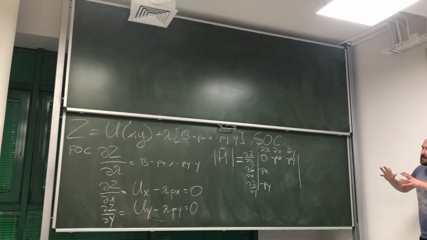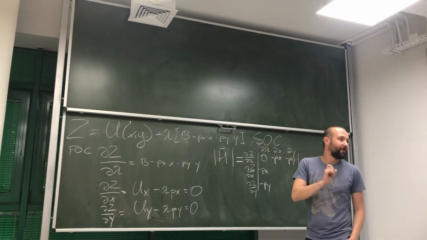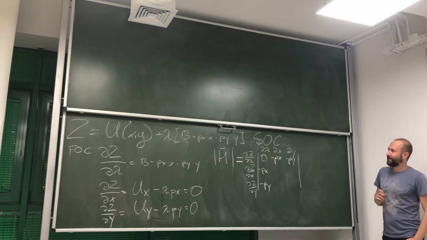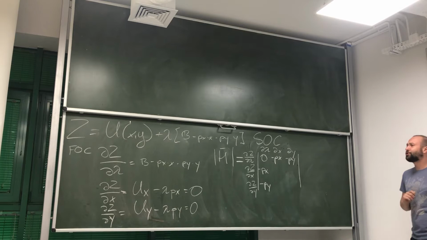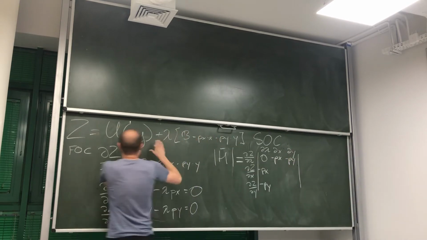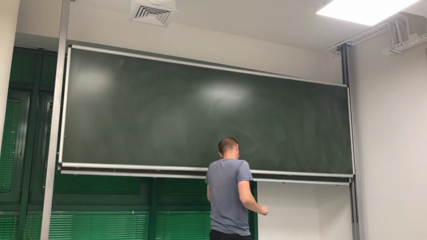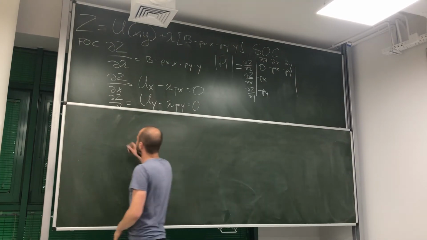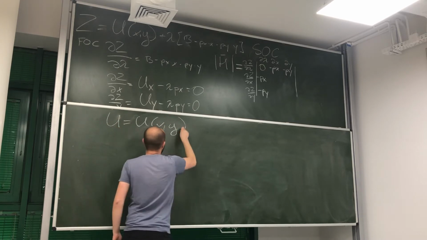Now, the next step is a little bit more delicate, so let me introduce it first a little bit. So look, here we've got a utility function. This utility function is a function of the quantity of good x and the quantity of good y.